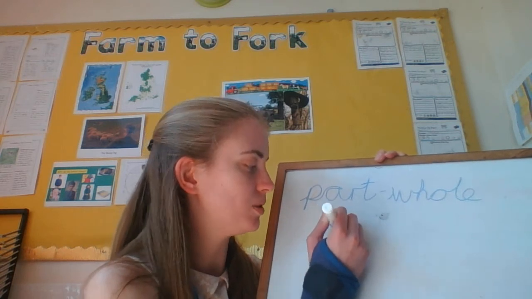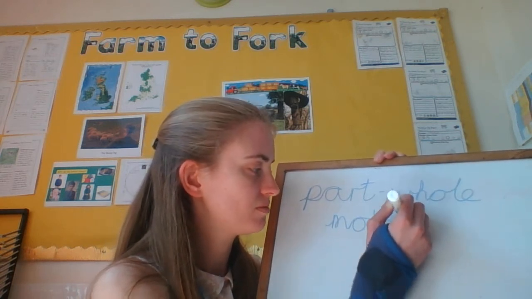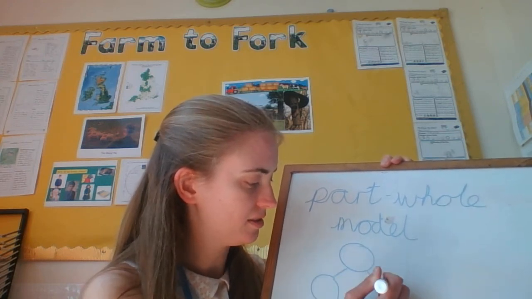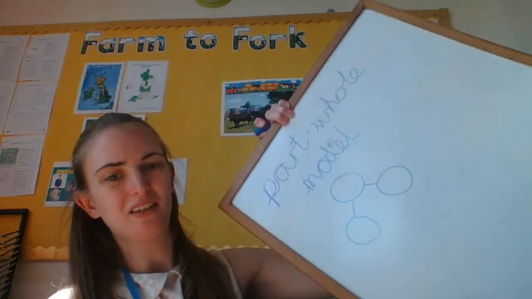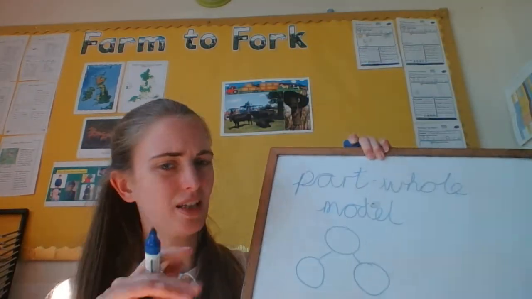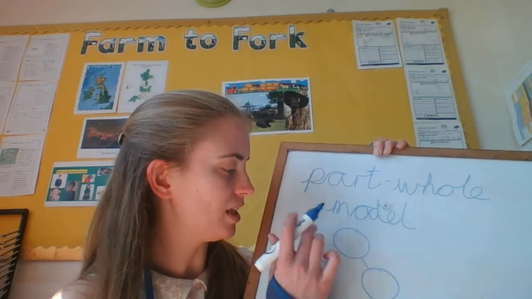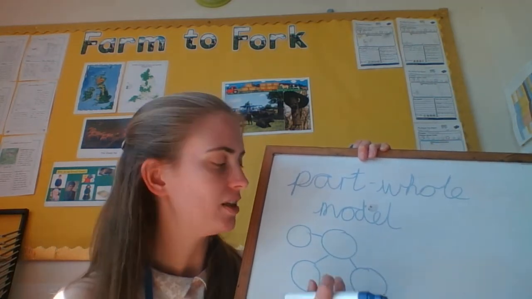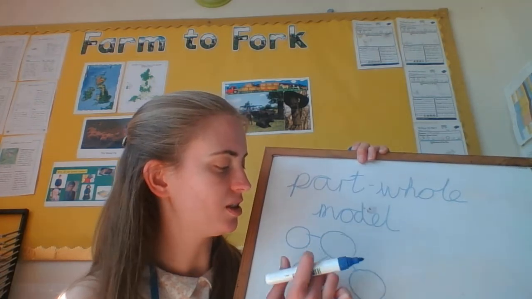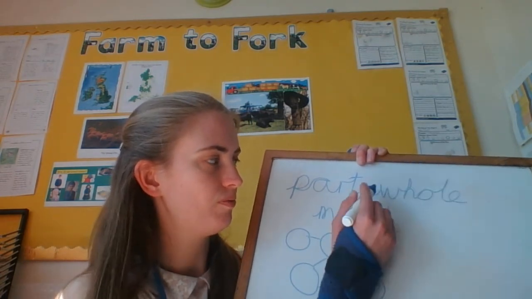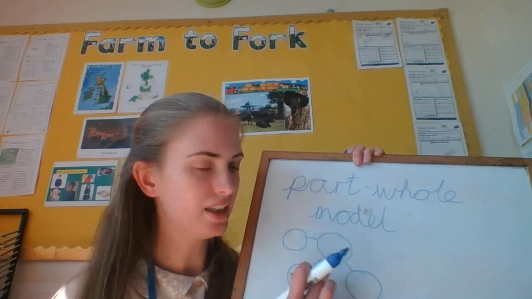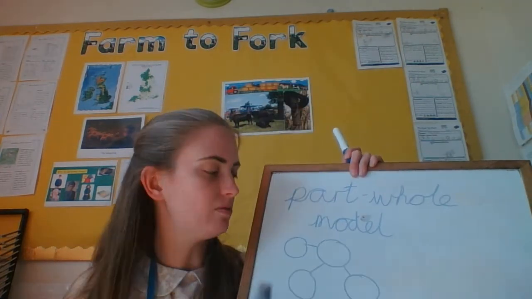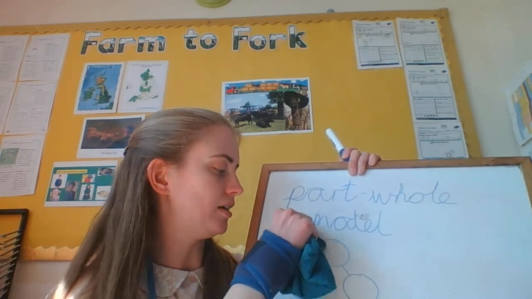So a part-whole model is something that looks like this. It could also be that way round, upside down, it can be any which way up, and it also might have multiple circles coming out of this one. And the idea is that the one that the others are coming out of is the whole, and these bits coming out of it are the parts.